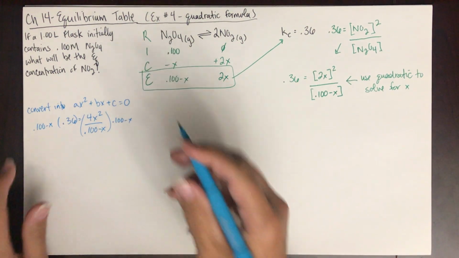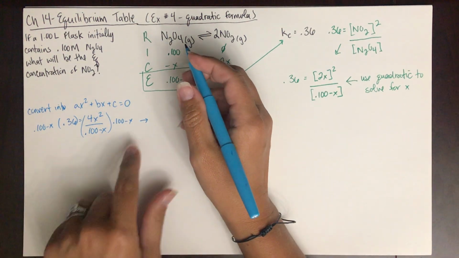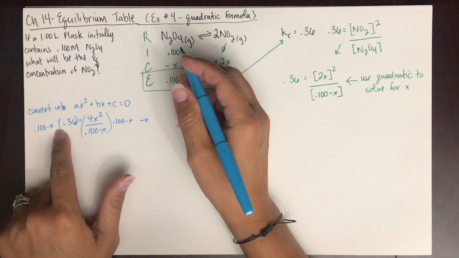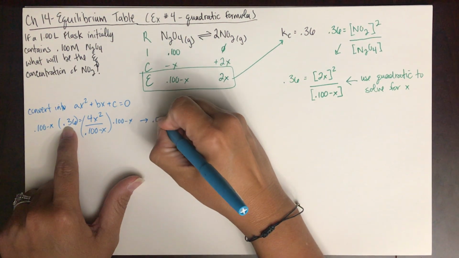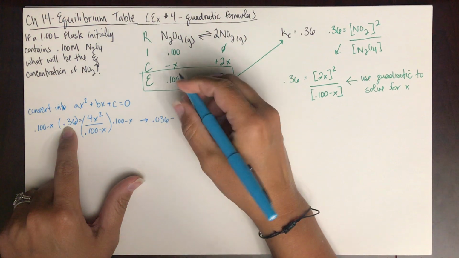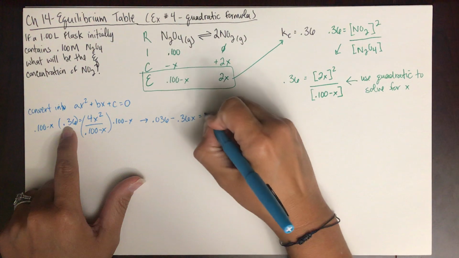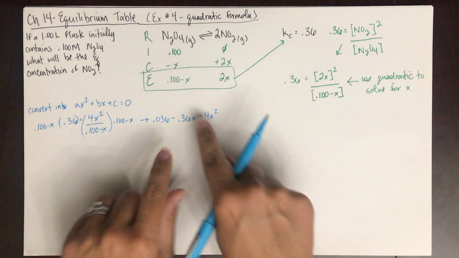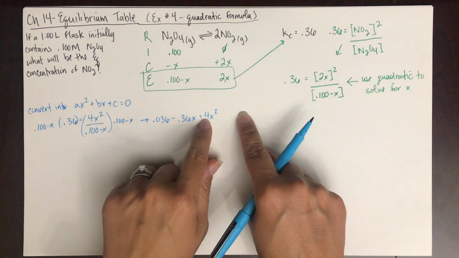So then when I do this, I am going to get 0.036 minus 0.36x equals 4x squared. I'm going to move everything over here because I need it to be 0 equals ax squared.